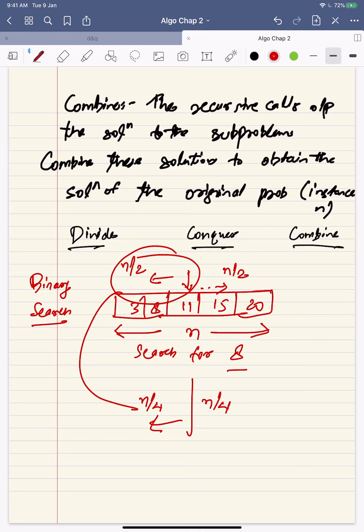Okay. And what is combine? You are recursively calling the subproblems n by 2, n by 4 and so on. These will return you the solution. In this case, the combine is very trivial, so you don't have to do anything. At some point, you either find the solution or you say, okay, I have exhausted my search, so I can't find the solution. The element is not in the array. So combine is trivial.